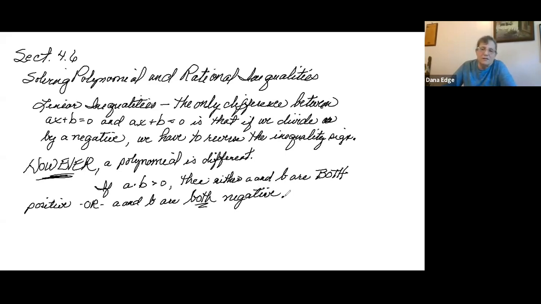We can't solve just one at a time the way we do when we take a quadratic and factor it and set it equal to 0.